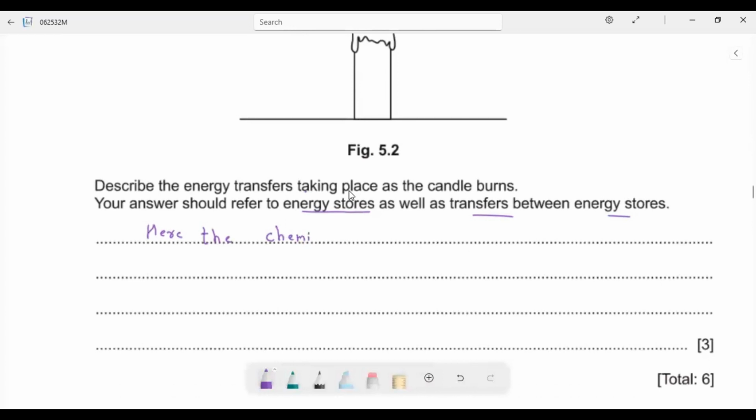Here, the chemical energy stored in the candle decreases. And that energy is being converted to light energy.